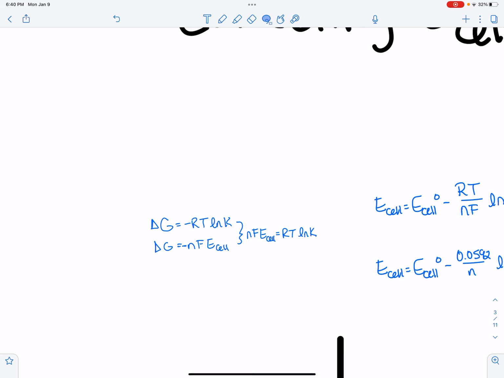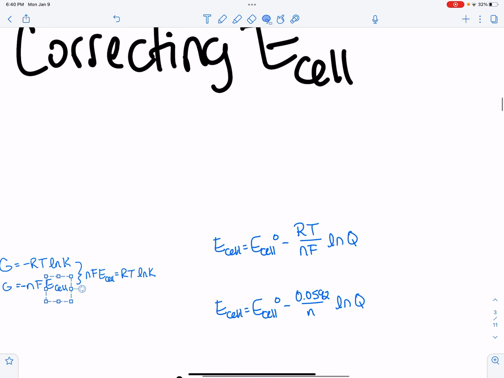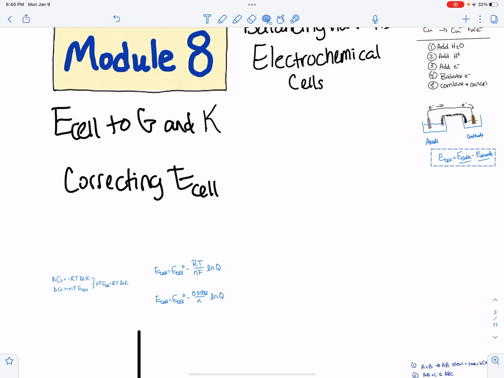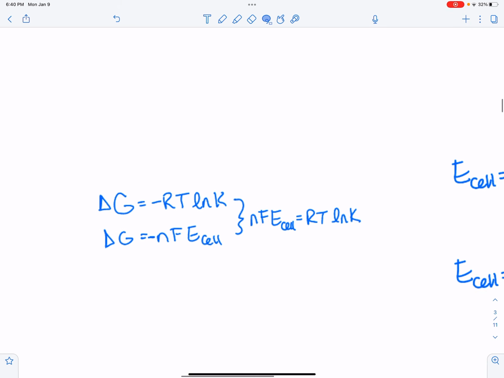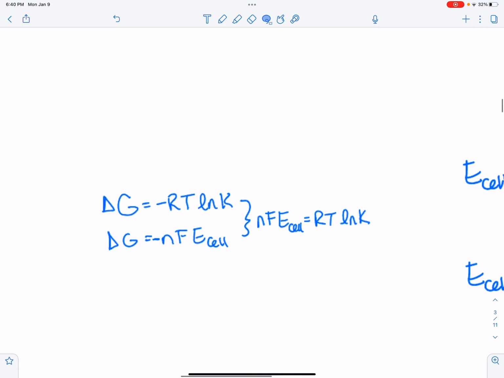It's a thermodynamics thing, so it's the 8.314. T is a temperature value. N is how many electrons are moving around the system. F is a constant. E cell you figured out how to calculate last time over here. So you've got practice with that. So these little groupings will help you get between G, K, and E cell.